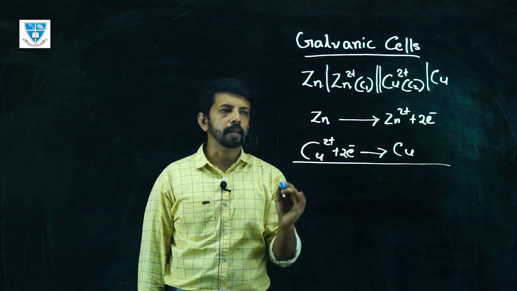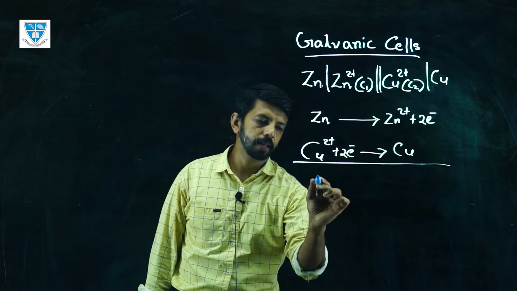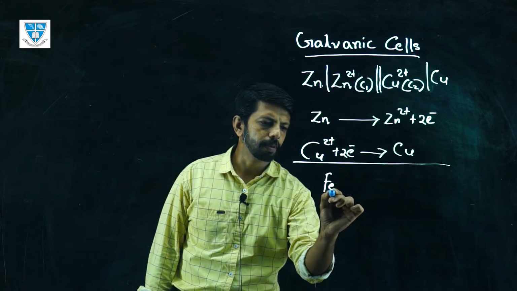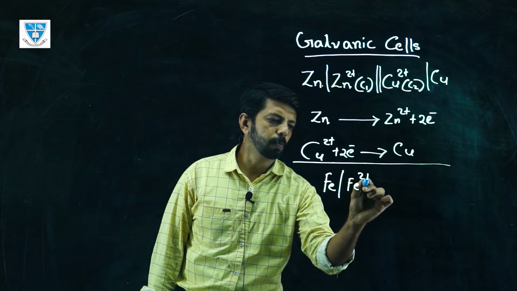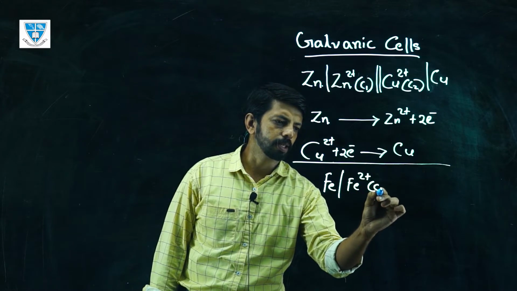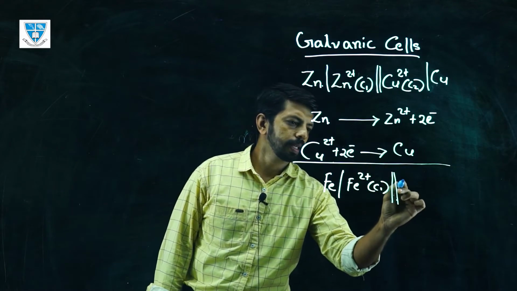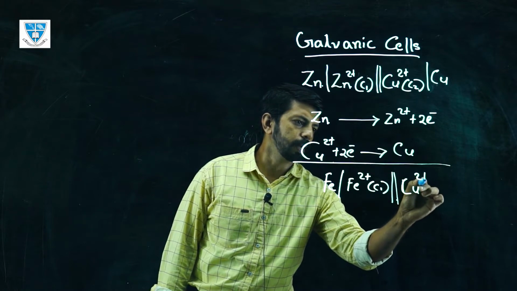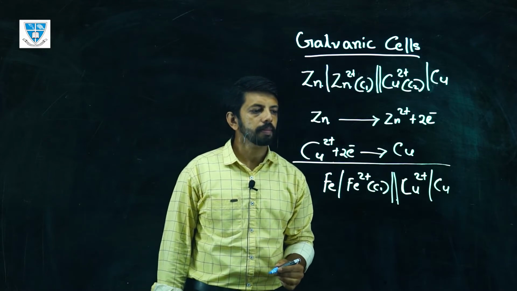Next we can represent another cell, the iron copper cell. In the iron copper cell, iron is on the left hand side, Fe slash Fe2+, and you can write any concentration. Then there is the salt bridge, then Cu2+ slash Cu.